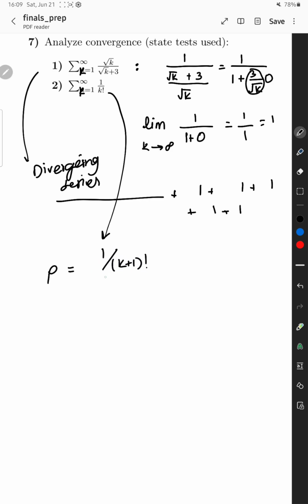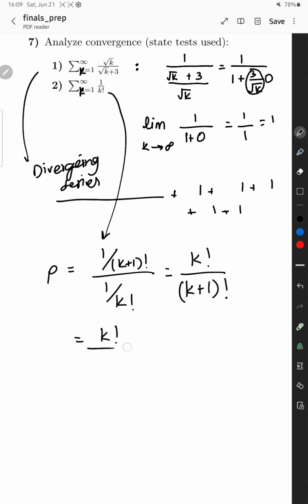So it is k plus 1 factorial divided by k factorial. So this gets inverted like this, k plus 1 factorial. Now k plus 1 factorial is of course k plus 1 into k factorial. As you know, k is an integer index, so this k factorial cancels, leaving k plus 1.